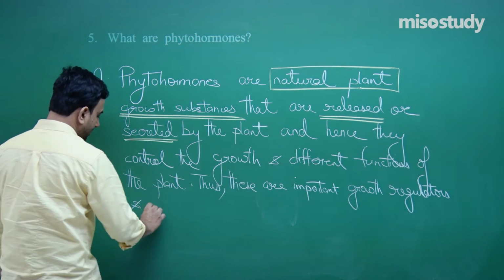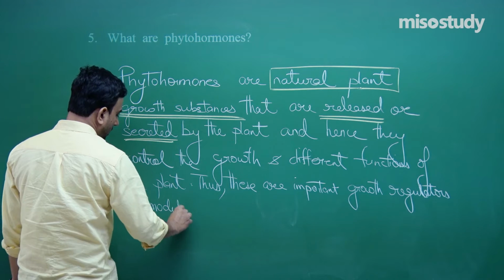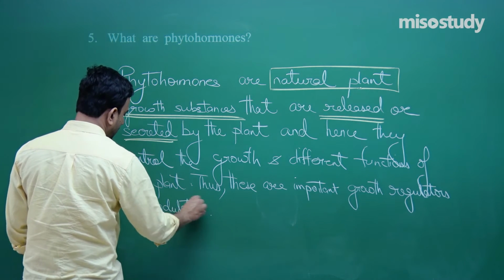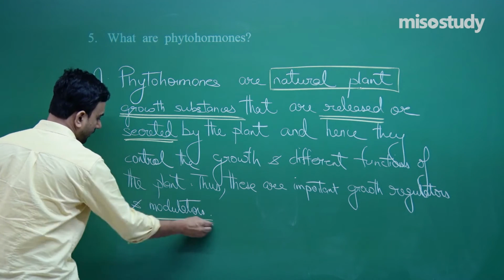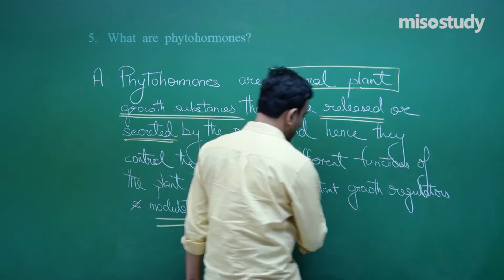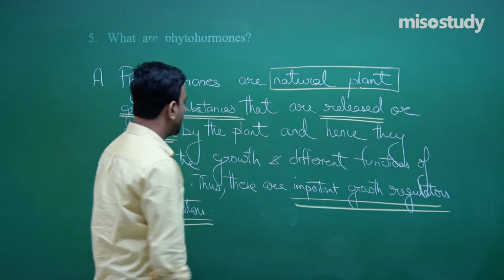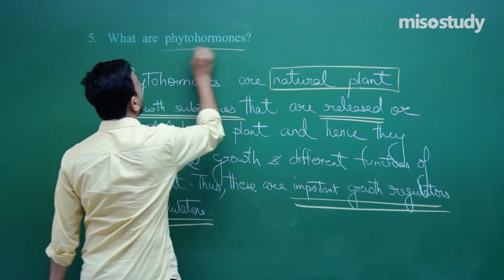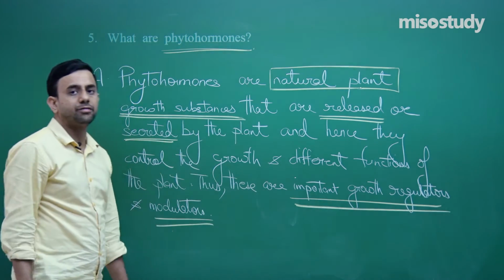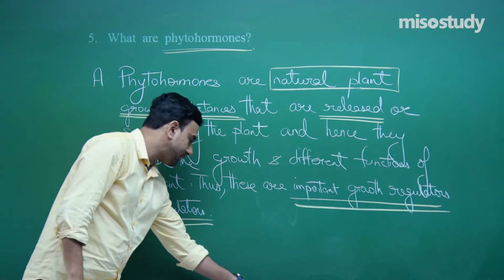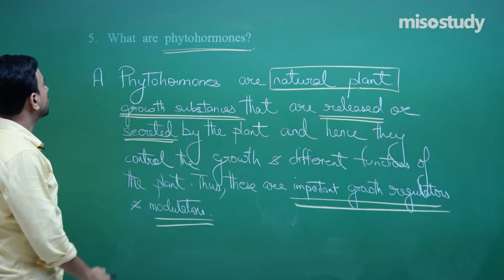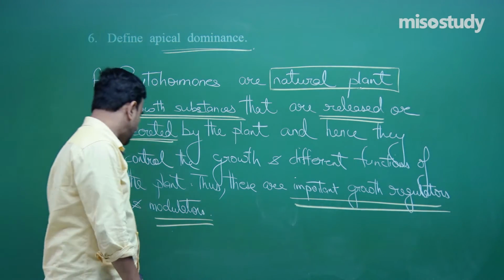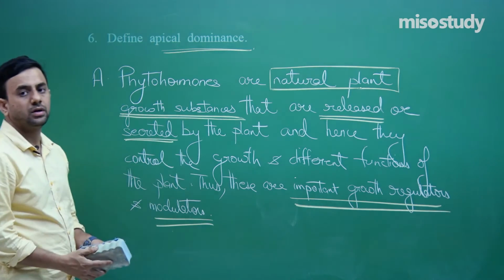Thus these are important growth regulators and modulators, and these are what are the phytohormones, right. Moving on to the next question, define the apical dominance, right.